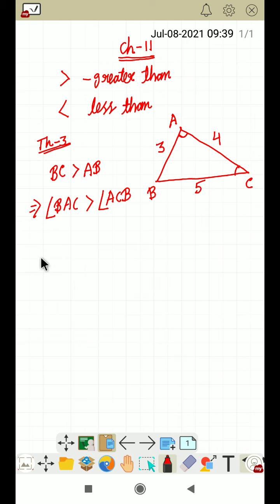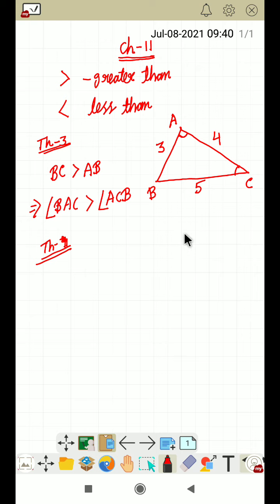Now go to our next theorem number 4. So theorem number 4 tells us that if two angles of a triangle are unequal, the greater angle has the greater side opposite to it.